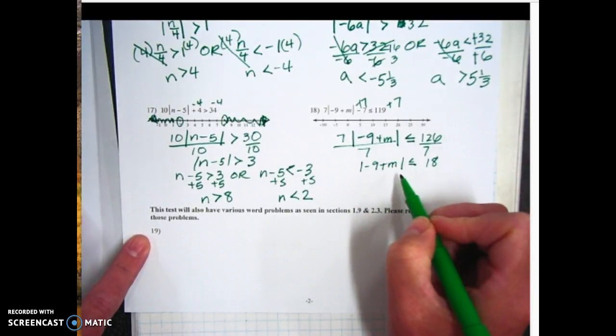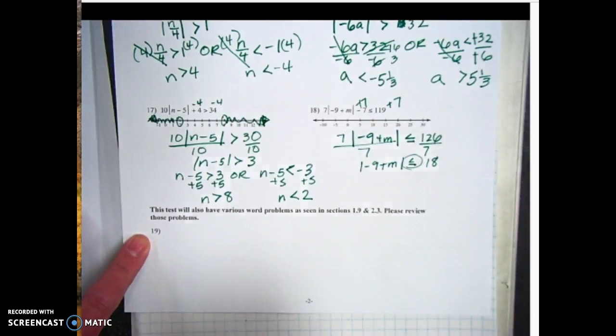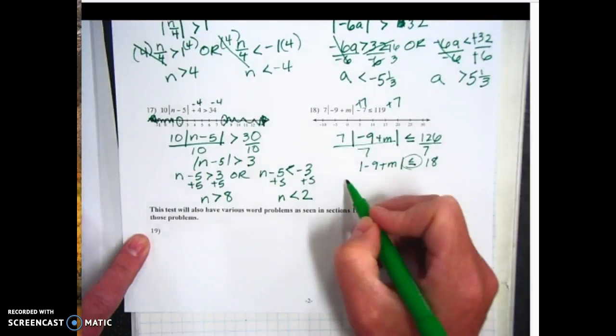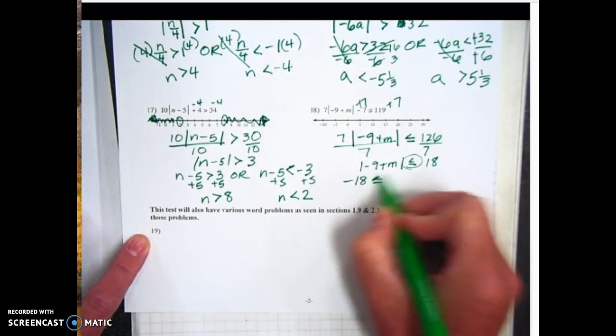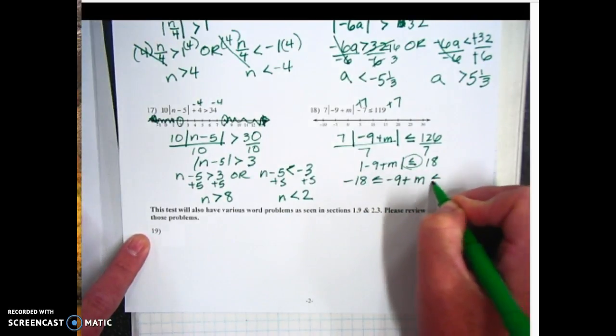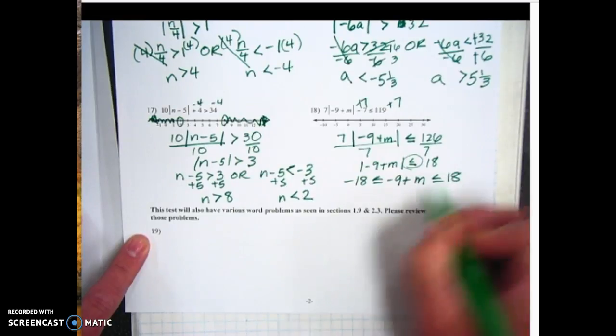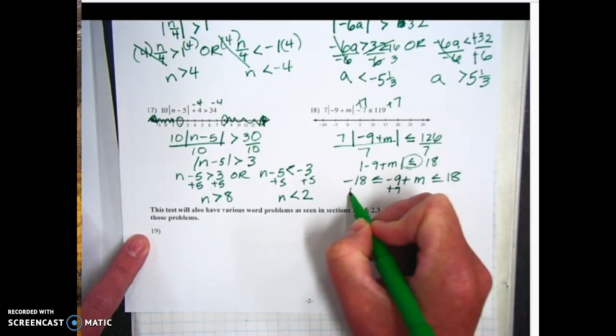Because of the less than or equal to inequality, we're going to write it as a 3-part. So this 18 shifts out front to negative, slide the symbol down, rewrite the absolute value in the middle as negative 9 plus m, and then that part stays the same. We want to get that m by itself, so we add 9 to all 3 parts.